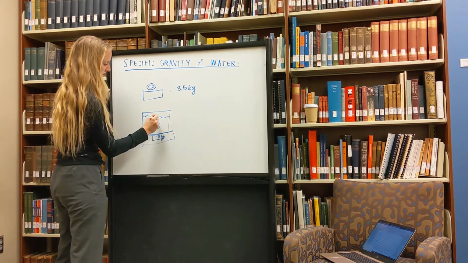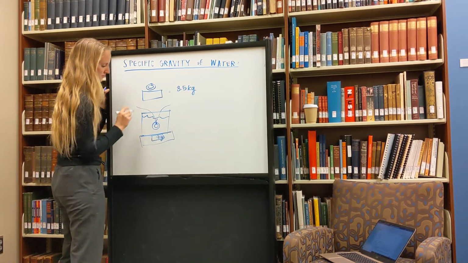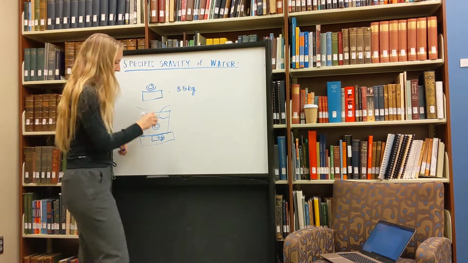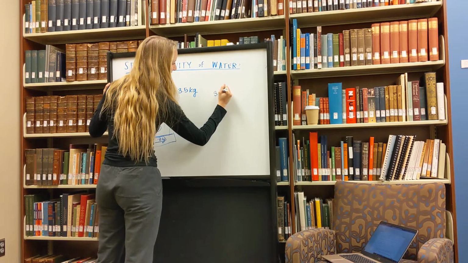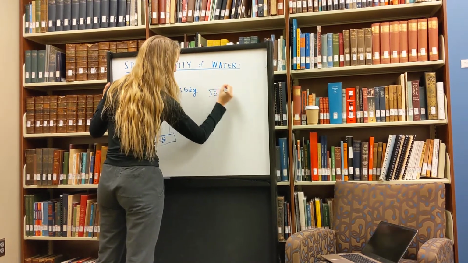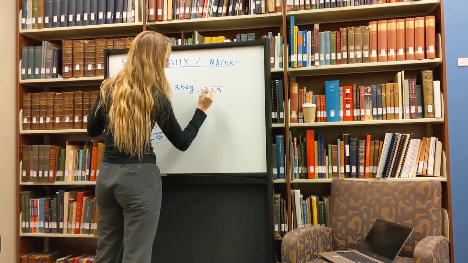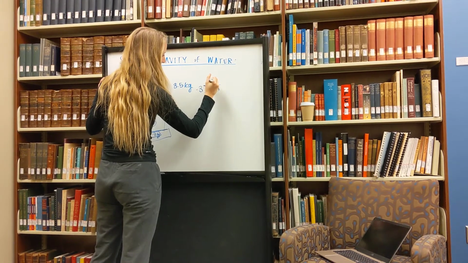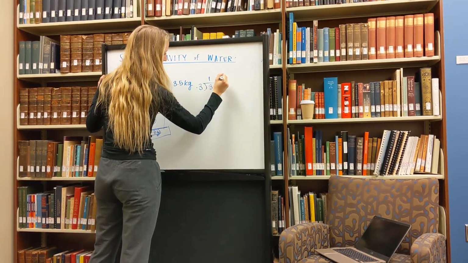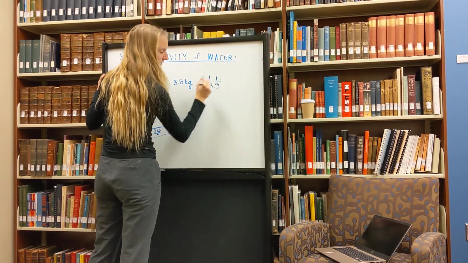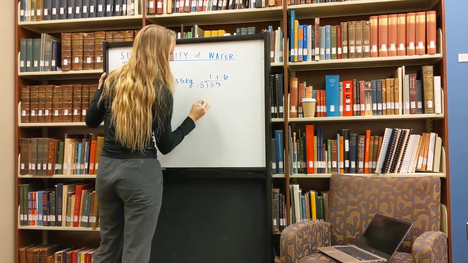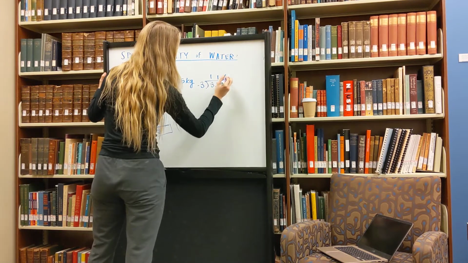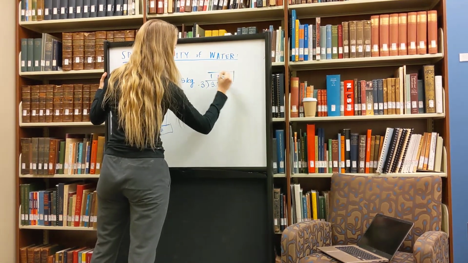Say, this is held up by strings or something. So to find that specific gravity, you take 3.5 divided by 0.3. You have 11.6.